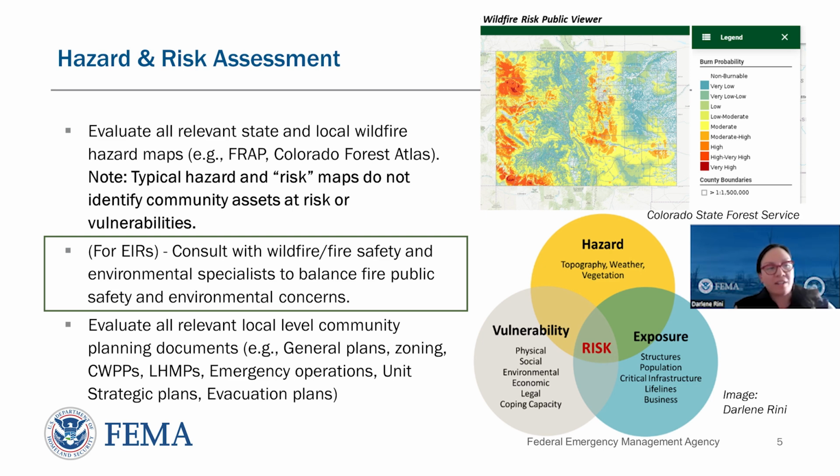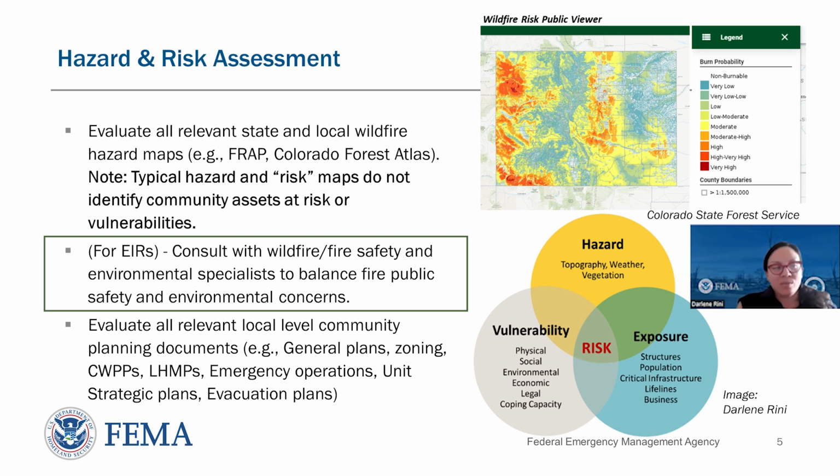Once we have that understanding of both the hazards and the risks at a larger scale, we then need to evaluate the same types of concerns, hazards, risks, and vulnerabilities more at the localized scale that we're planning at. This may be informed again by state or county level resources, as some agencies or even local fire safe councils may have performed more detailed or granular level hazard mapping.